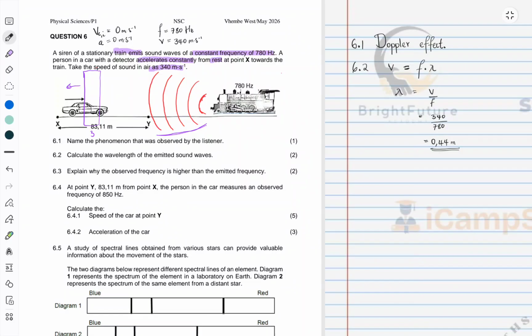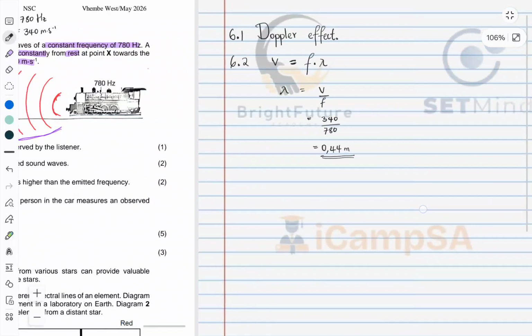Another way in which you can put it is you can say that the car is moving towards the stationary train, which is the source. So the observer is moving towards the source. This decreases the distance between the successive wave fronts, effectively shortening the wavelength, if you can think of it like that, and therefore increasing the frequency detected by the observer. So I'm saying the same thing but in different ways.